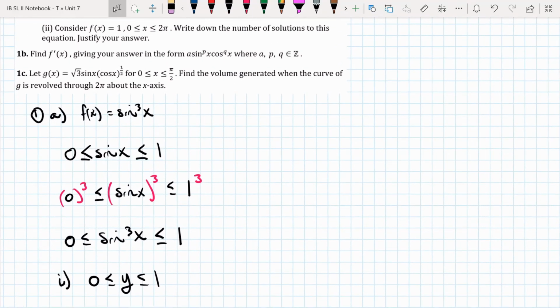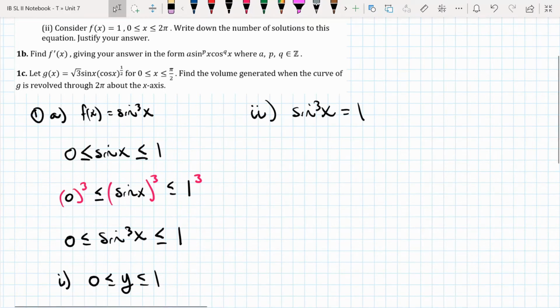Let's say we have this function here where sine cubed of x is equal to 1. And we want to determine how many solutions there are on the interval 0 to 2 pi. Essentially, what we're going to do is solve this for x.